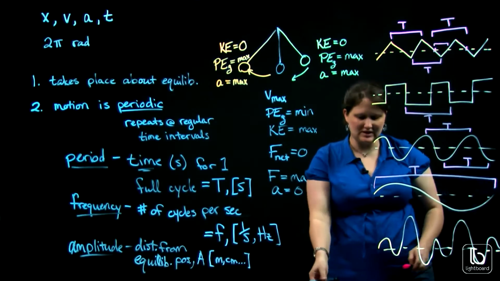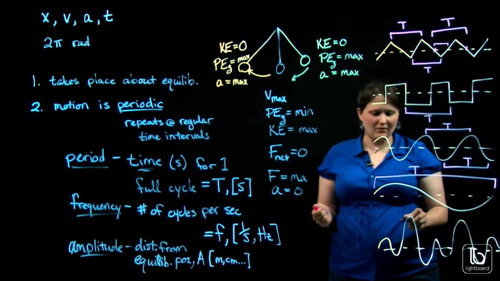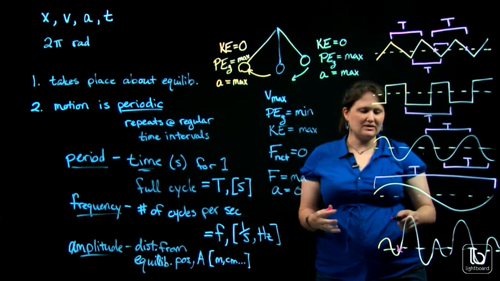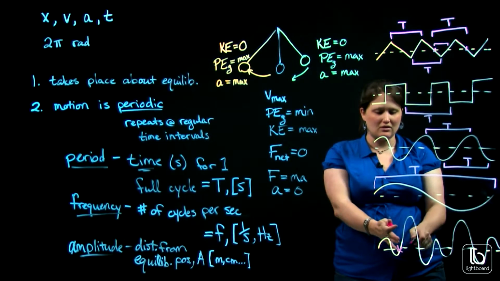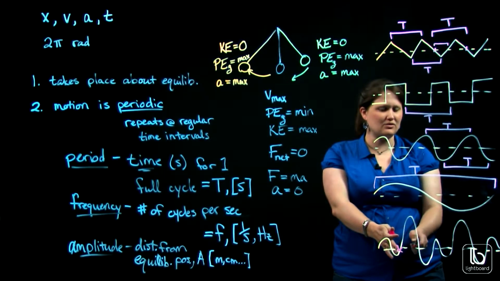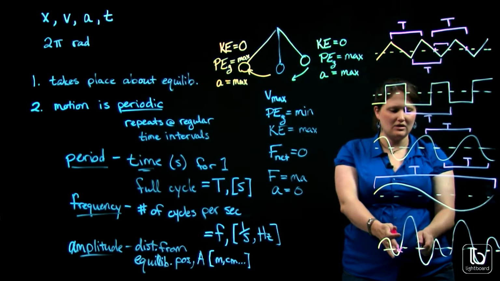Now, let's take a quick look at this one. If I want to, say, start at this point, and I want to find where one period is, effectively, I go from 0 to 0, but I'm going up here and I'm going down here.